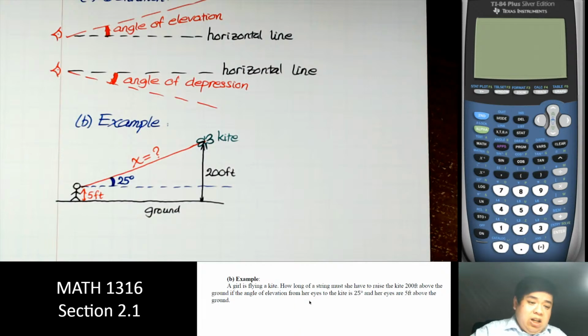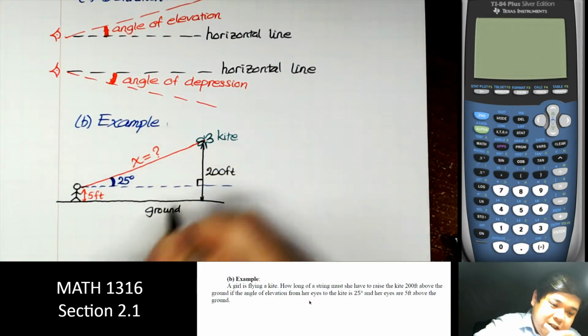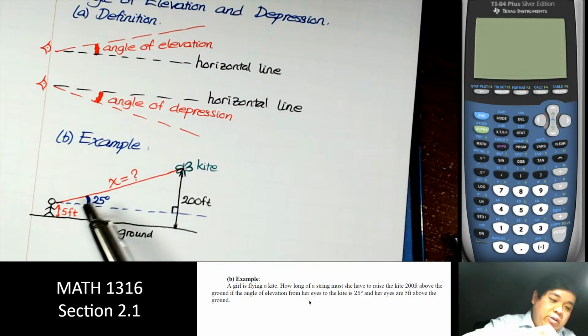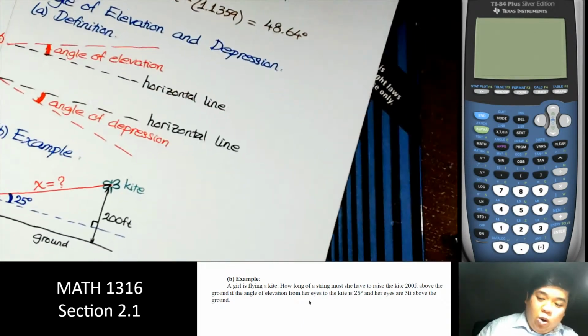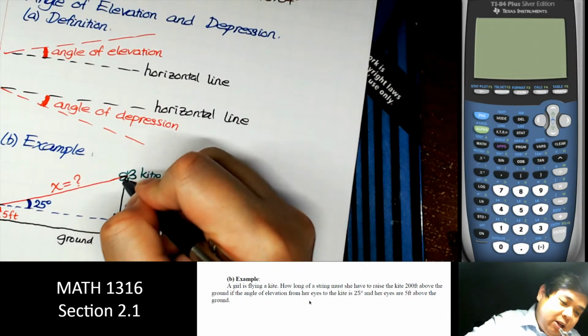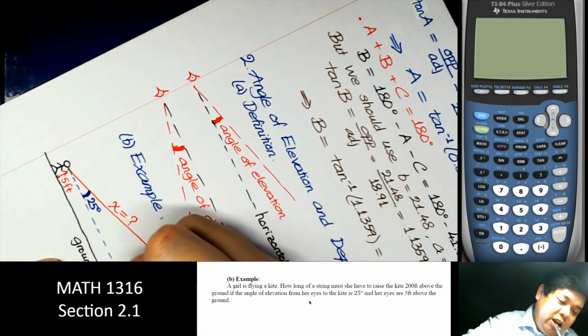So first of all, the distance from the ground, that is 90 degrees. And since the total is 200, take away 5, we only have 195 here. From the kite down to the eye level, 195 feet.